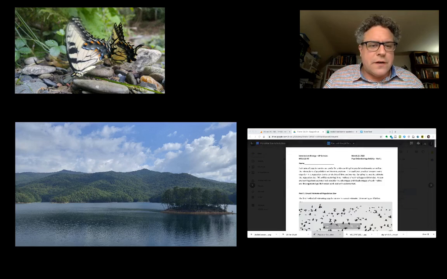If we look over here, you have some butterflies. If you wanted to figure out how many butterflies there were in the forest, I've got a picture here of the Smoky Mountain National Park. If you wanted to know how many swallowtail butterflies there were in Smoky Mountain National Park, how would you figure that out? The same is true for things like trees.